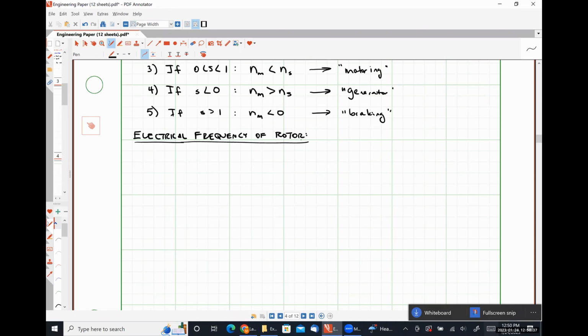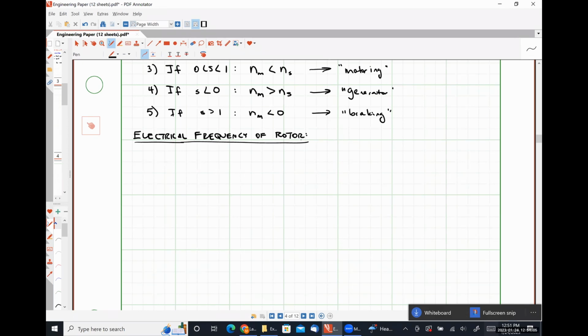Our stator field has an obvious electrical frequency. So what I mean by that specifically is that our stator field is caused because we hooked our stator windings up to a three-phase voltage source, and that three-phase voltage source is operating at some specific frequency, likely 60 hertz here in the United States, 50 hertz in most of Europe.